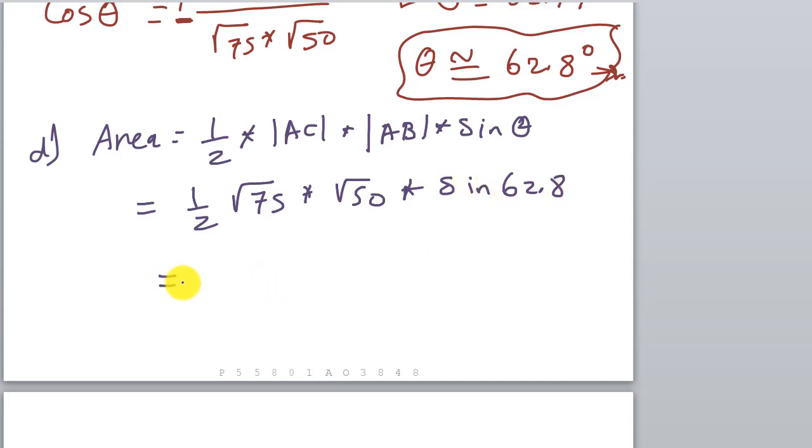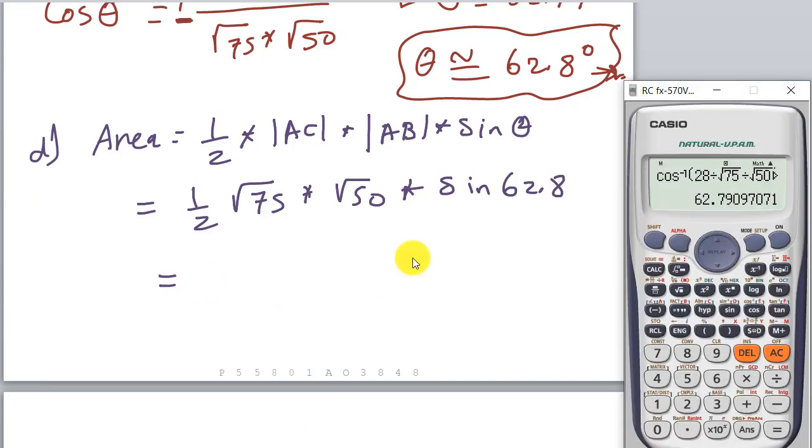So the area is equal to sin of the answer multiplied by 0.5 multiplied by square root of 75 multiplied by 50.